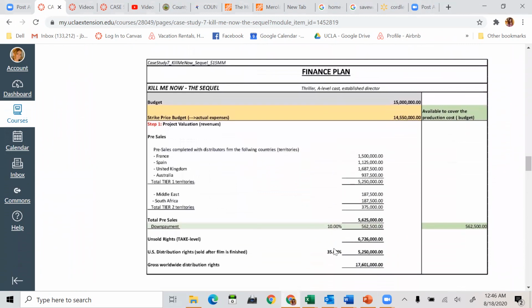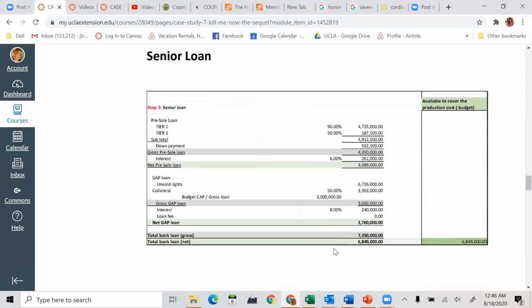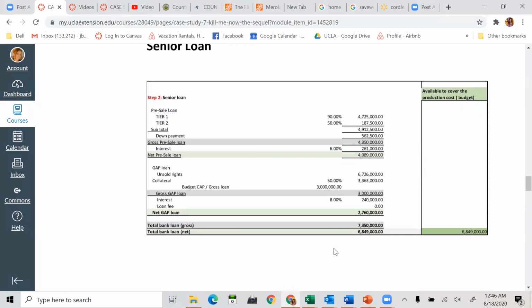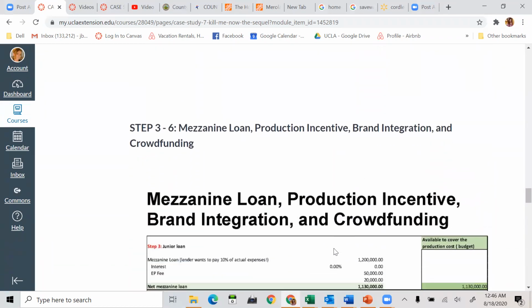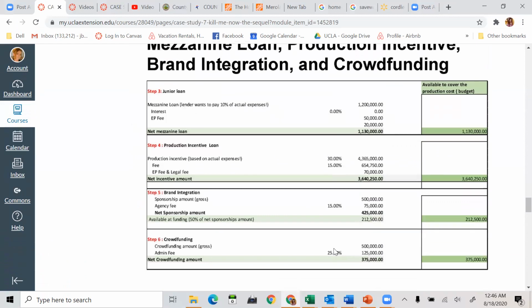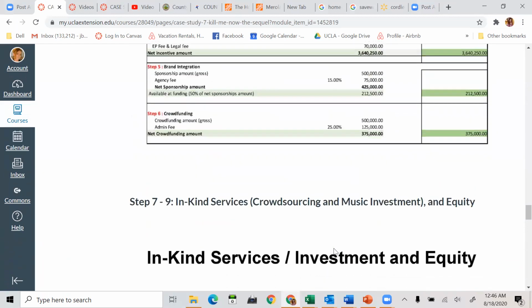Go to your finance plan here. And then the senior loan, you see it's slightly lower because the budget is lower. You see here, $3 million is the cap. Then you're going to your mezzanine loan portion and all the other elements for the finance sources.